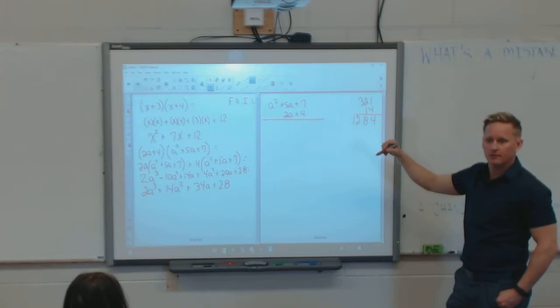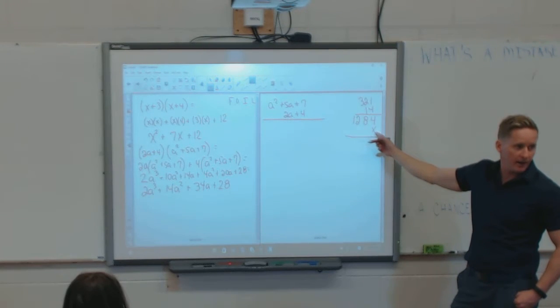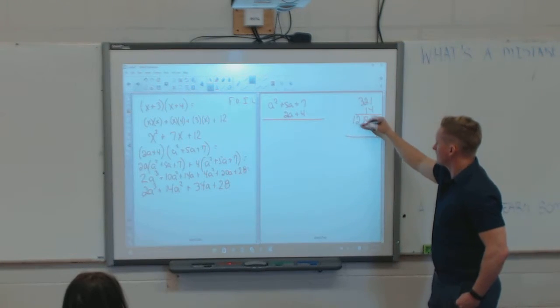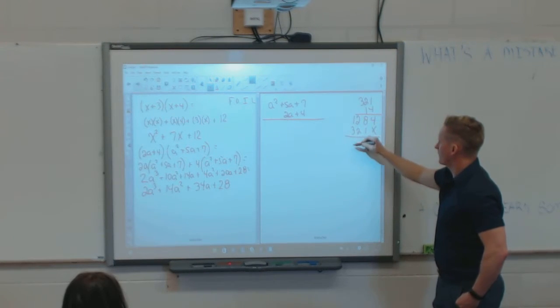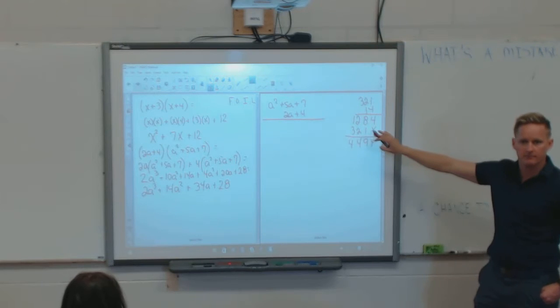And then what? Then you times the 10. Gotta put a blank in there, right? Because now I'm working with the tens part of it. So then it's 1 times all of that, which is 321. Agreed? Then add them together. So that's what I get, right?